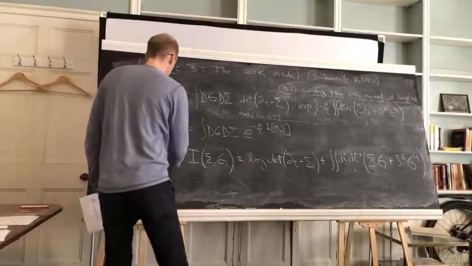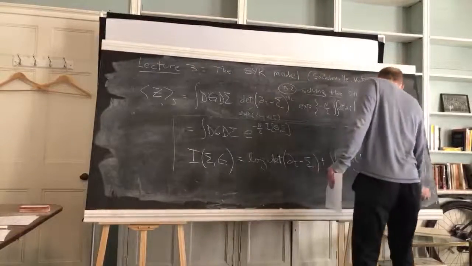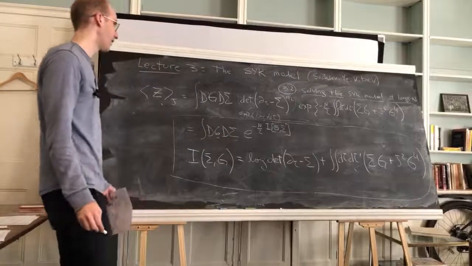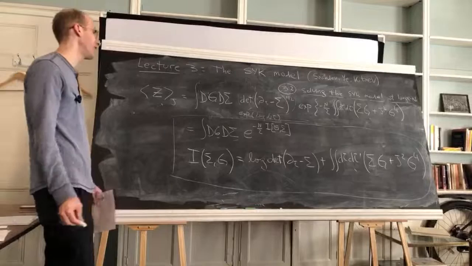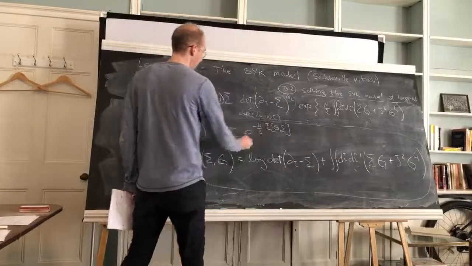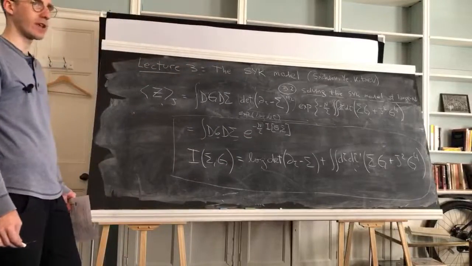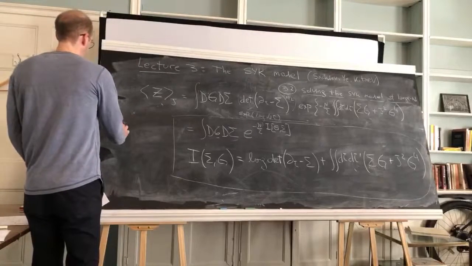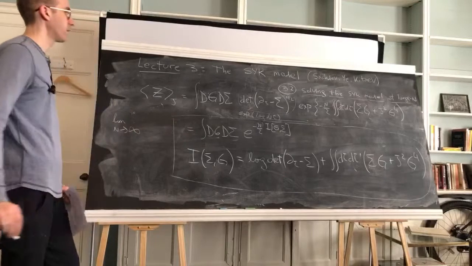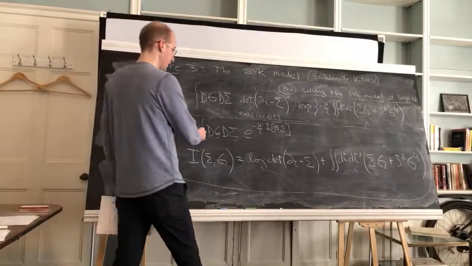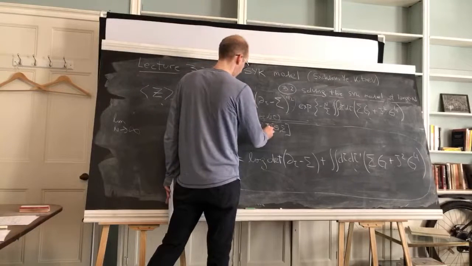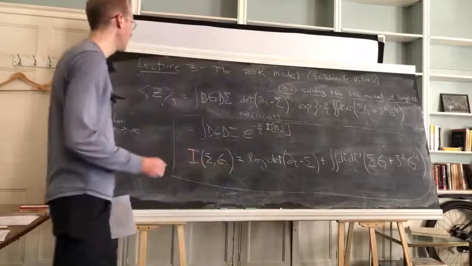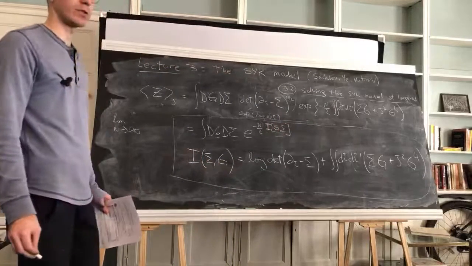And this is great. We still have to do a double path integral over bilinear functions that can be quite hard to do in general, but we have an n appearing here in front of the action. And so when we take the limit of n going to infinity, we can just do a saddle point approximation and approximate this action by its saddle point solutions.